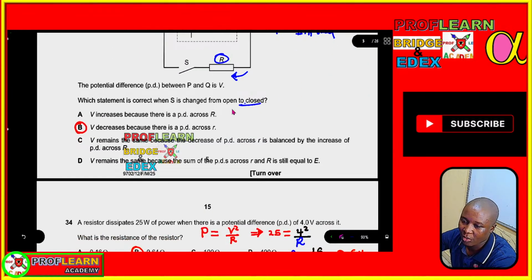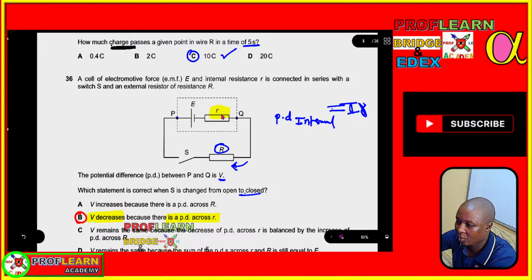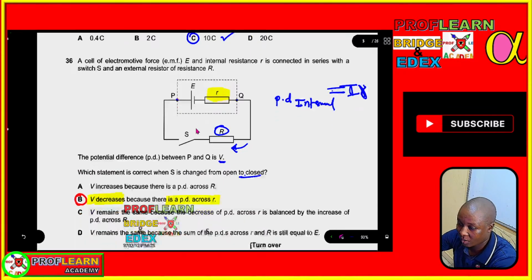So in that case, we say V decreases because there is a potential drop across the internal resistor. So that is what we are going to say.